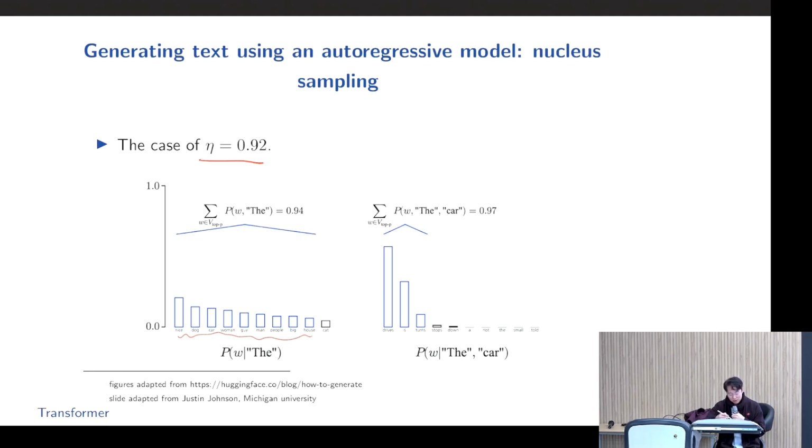Here, if you include all the way to house, the sum of the logits is going to be 0.94, and you're going to sample from these top logits that sum up just above eta. Same thing here, you're only going to sum up until these 3 points, and all of the rest are going to be deleted.